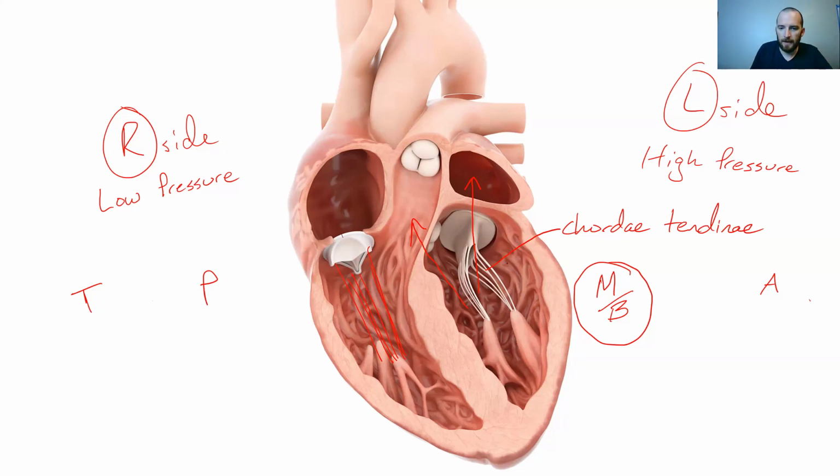And those chordae tendineae are anchored to little muscle structures on the floor at the bottom of the ventricles. Those are our papillary muscles. So the papillary muscles on the bottom hold those wires that keep those valves closed when the ventricles contract and snap shut.